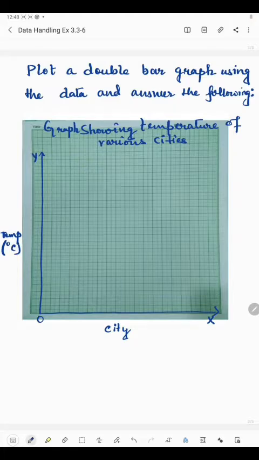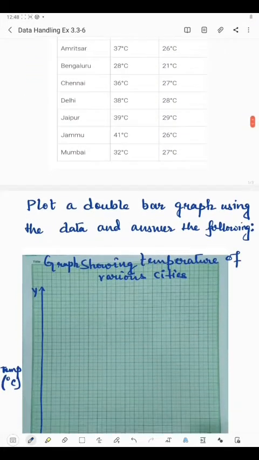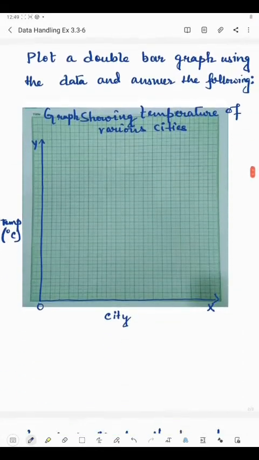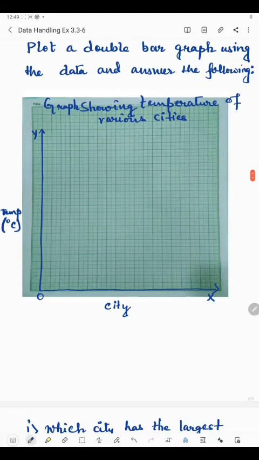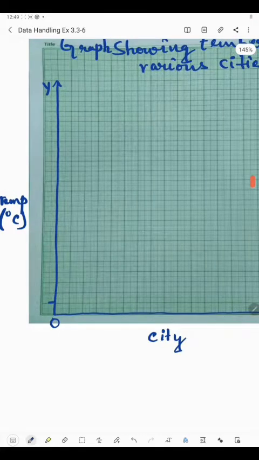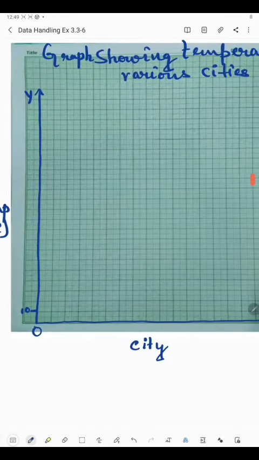Now we will have to take the scale and it depends on the data given. So here the values are 28, 27, 39, 40 like this. So we will take the scale as 1 unit is equal to 10. So here on the dark green color line we'll take 10 and rest will be multiple of 10.